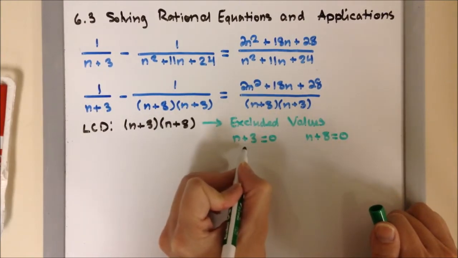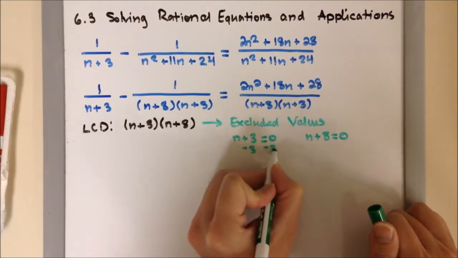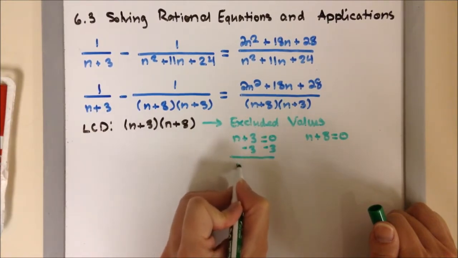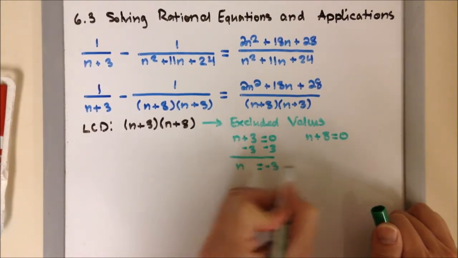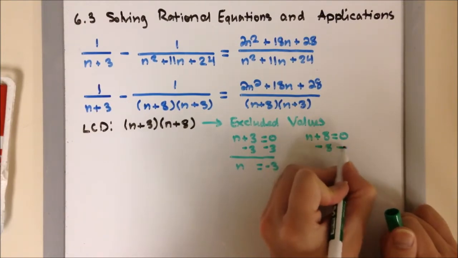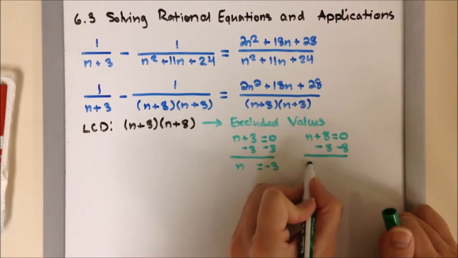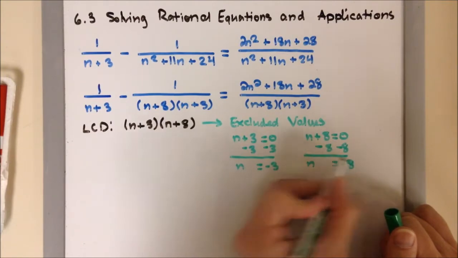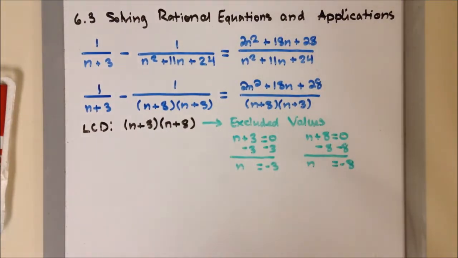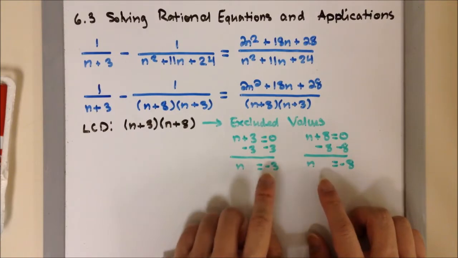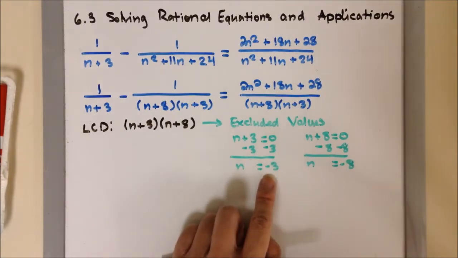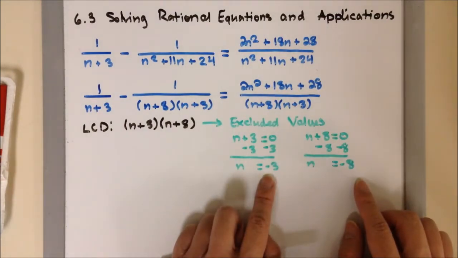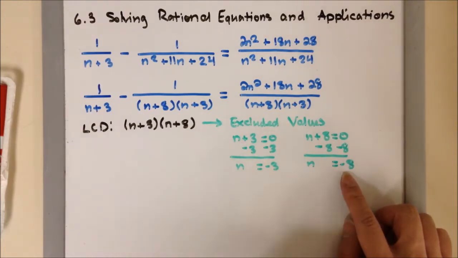When you solve for both n's, the first one will be n equal to negative 3. The second one, n equal to negative 8. So, in your final answer, your answer should not have negative 3 nor negative 8. So when you finish solving a rational equation, if one of your answers matches negative 3 or negative 8, or both, cross them out, and it should not be part of your final answer.